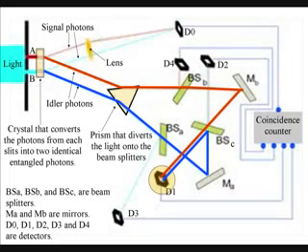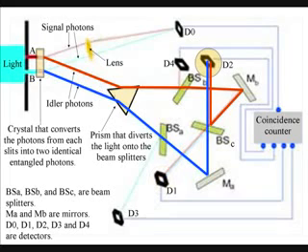At detector D1 and D2, the information of which slit it went through has been erased.